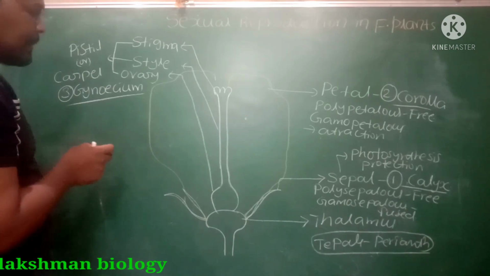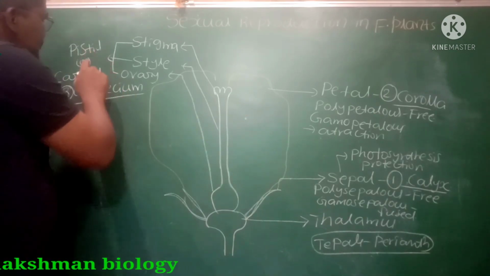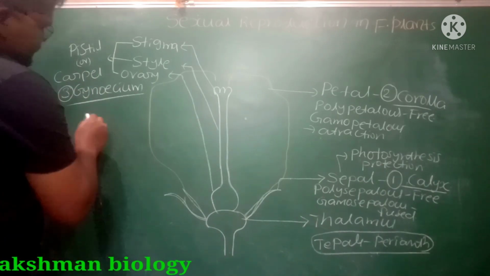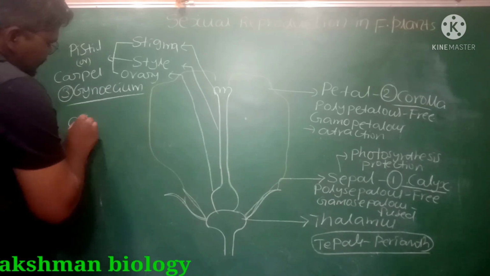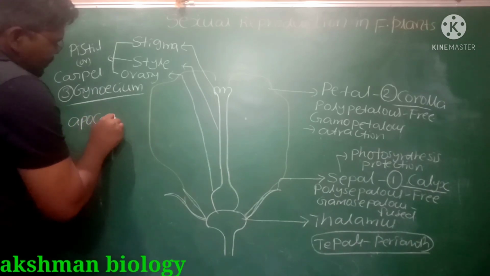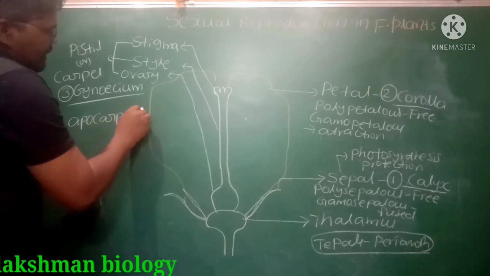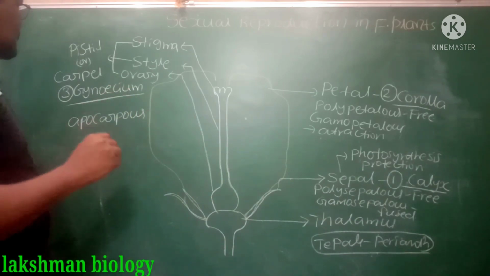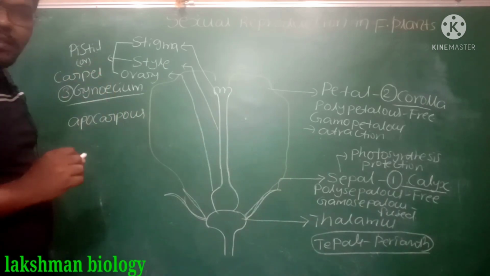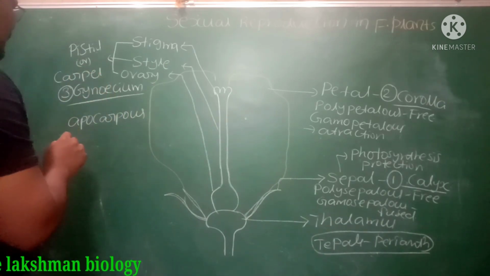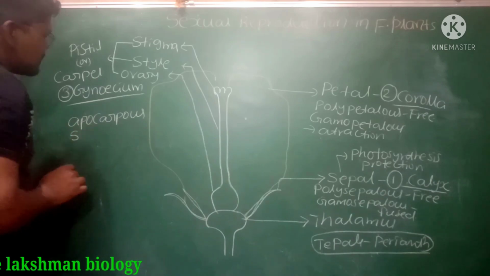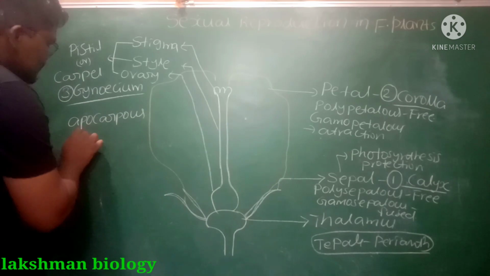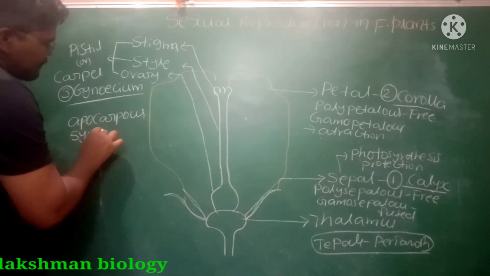If a flower contains more than one pistil or carpel, they may be fused or free. If they are free, that is called apocarpous. The condition in which the pistils or carpels are free from each other is called apocarpous. Sometimes the carpels or pistils are fused together, then that is called syncarpous.